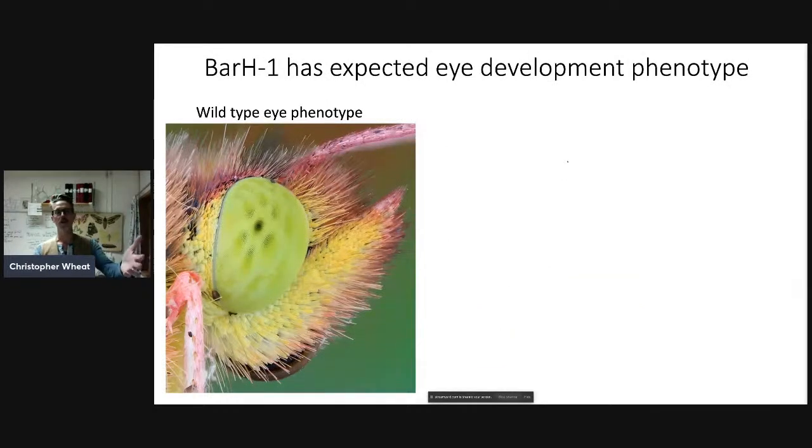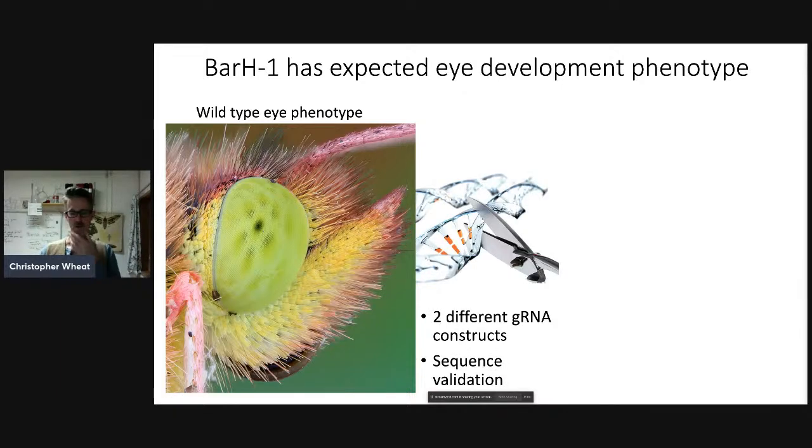This is the normal head eye of a Colias crocea female, and they're quite beautiful bugs. They have a nice, vibrant green eye. That black region you see there is just kind of an optical illusion of the structure of the eye, but it's just a nice emerald eye. And when we use CRISPR to knock out the BARH1 gene itself, it causes a dysfunction of that gene everywhere it's being used in the body.